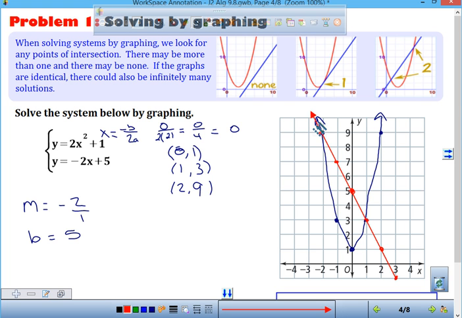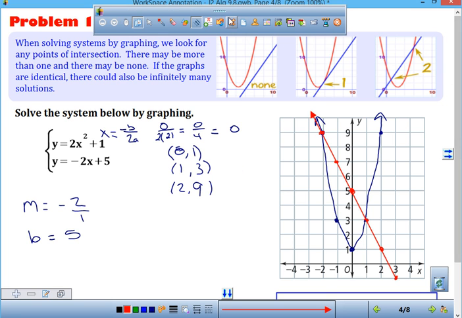Now, once I have them both graphed, how did we find the solution when we graphed systems earlier? Good, you find their intersection point. But what happens here? We have two intersection points, so we have two solutions. Our two solutions are both ordered pairs.